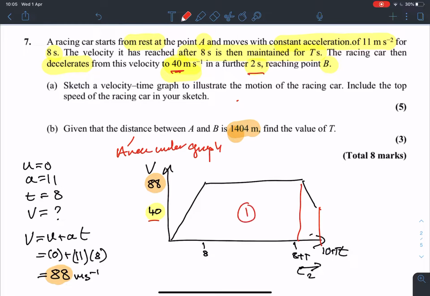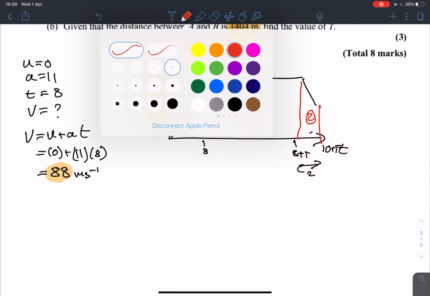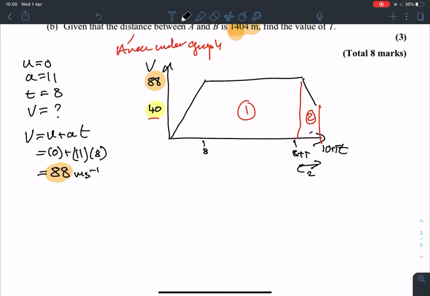There are other ways of splitting it up: area 1 and area 2. The area of a trapezium is equal to h over 2 times (a plus b): the sum of the parallel sides times half the distance between them.